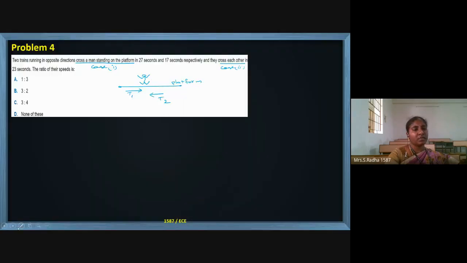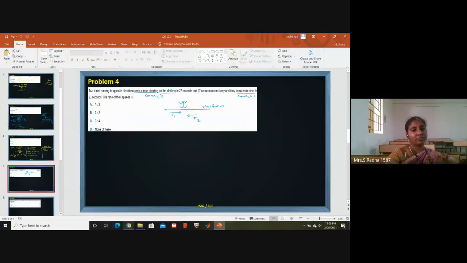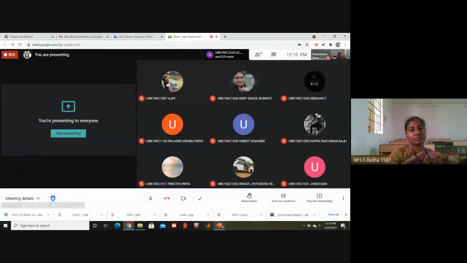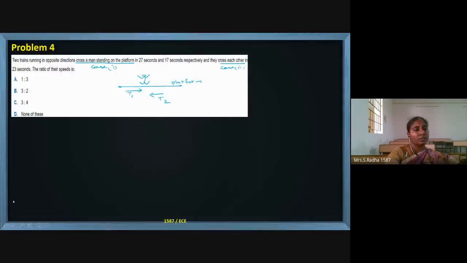So two trains are crossing a standing man on the platform. Train 1 comes to the opposite side. This is the tail.